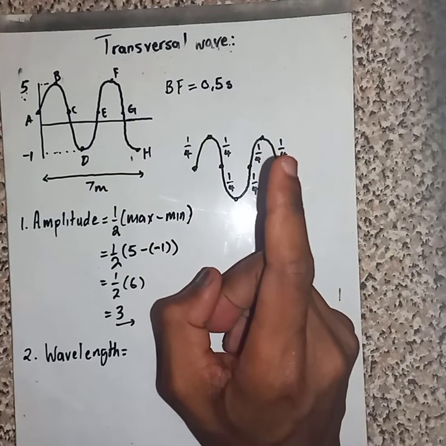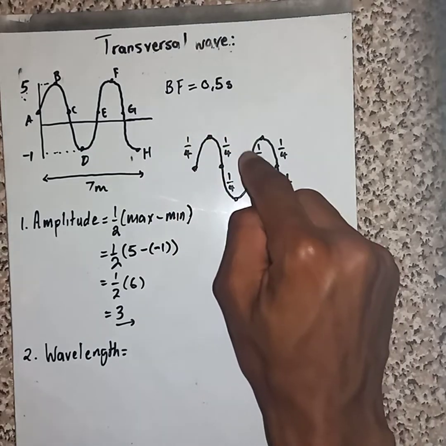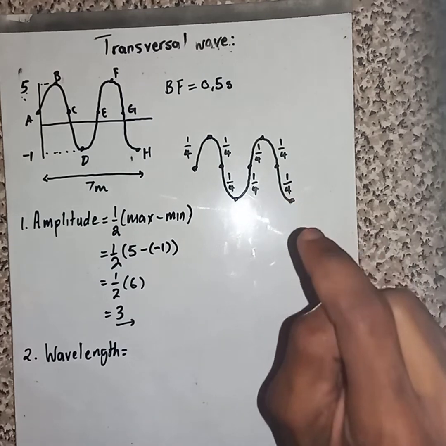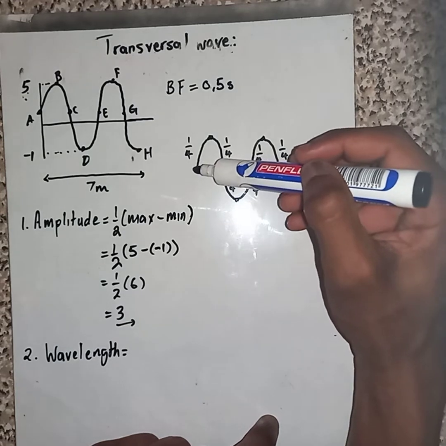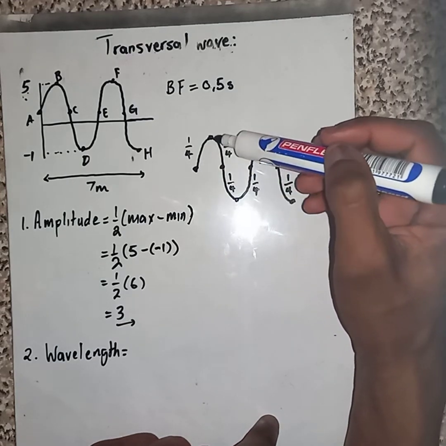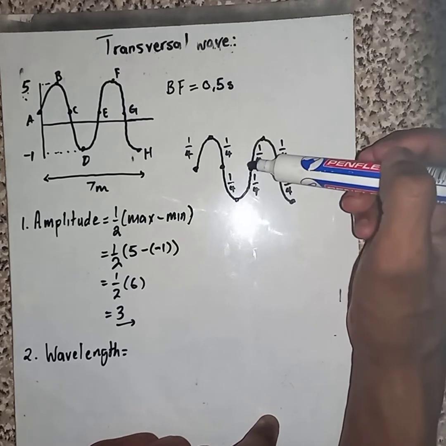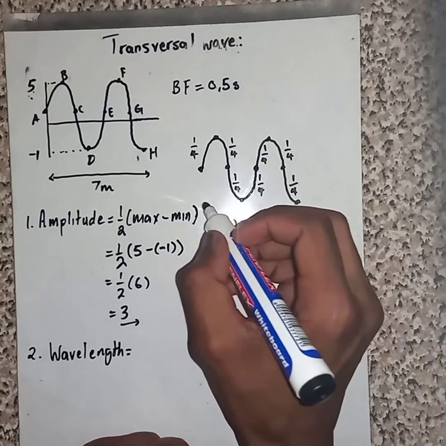You see? Then you can ask yourself, if I add all these 1 over 4, what am I going to get at the end of the day? Check. From this point till this point is so simple. 4 quarters, I'm going to get 1 lambda.